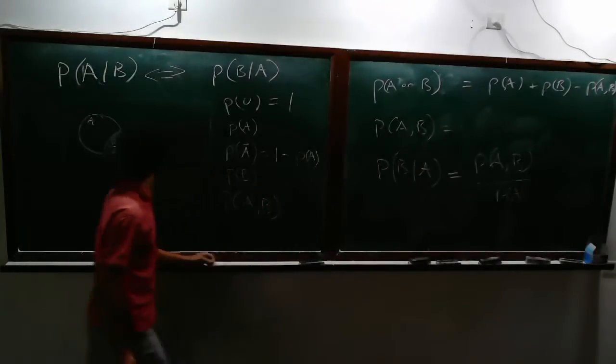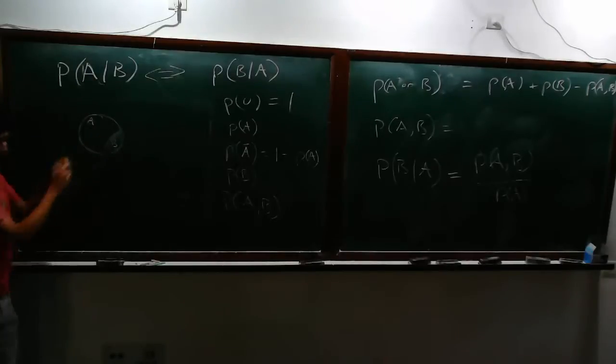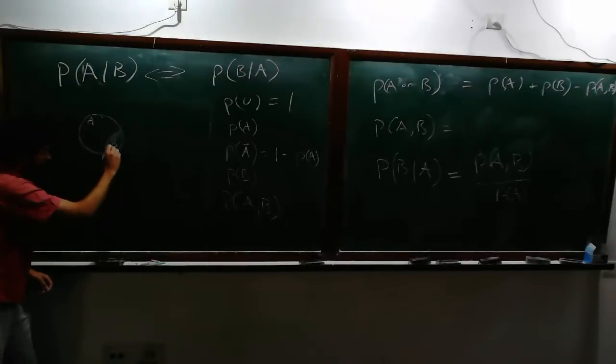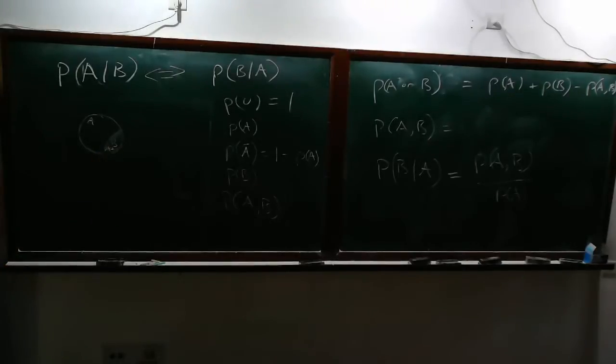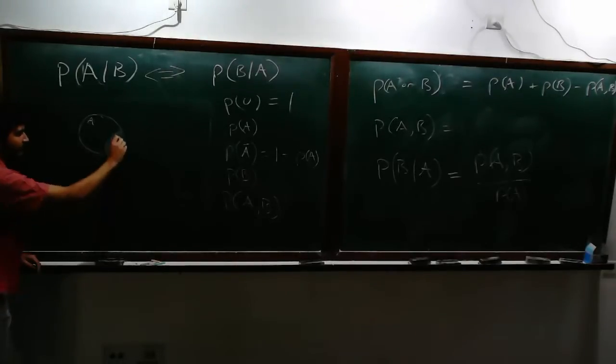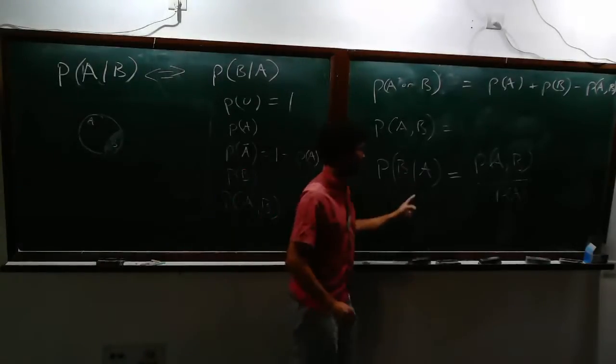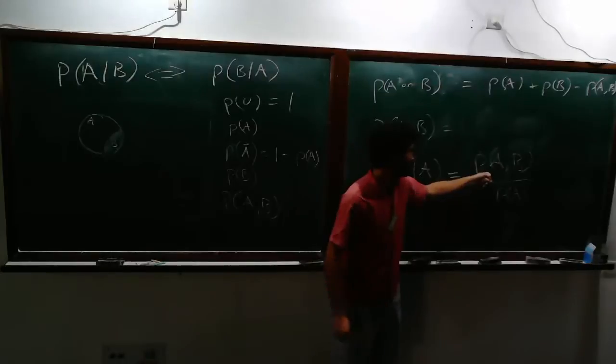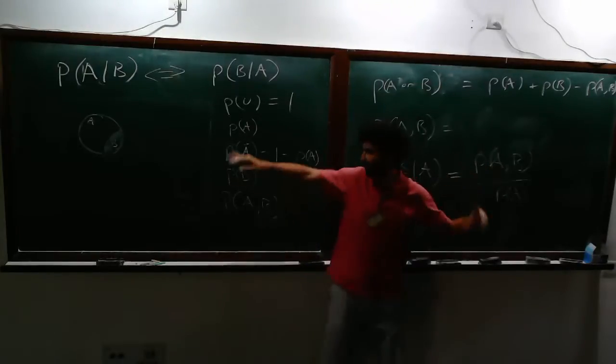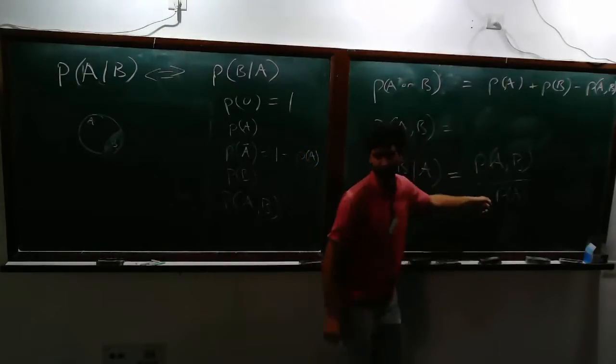So this number here, which is the intersection of A and B, in the universe where A happens, this is now the probability that B happens. So the probability that B happens in the universe where A happens is the joint probability in the first universe, and then you just renormalize.